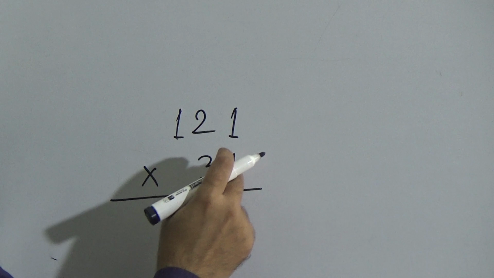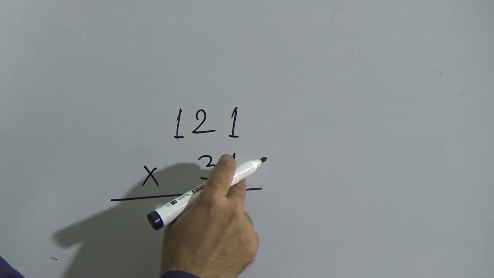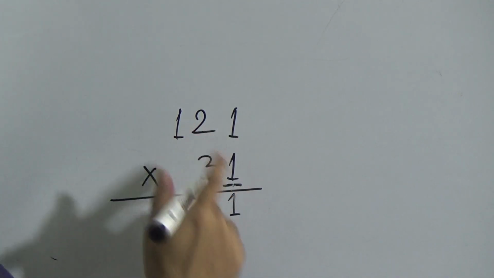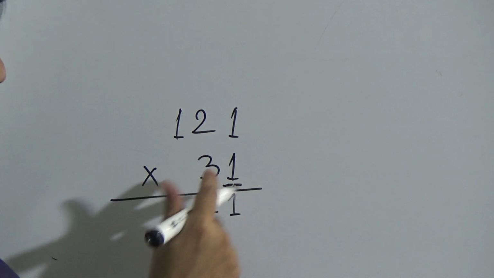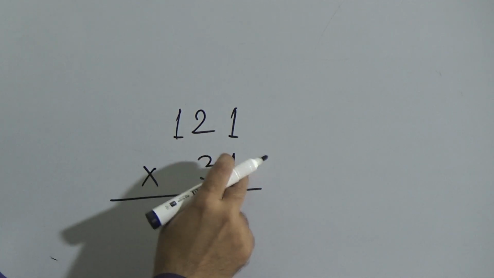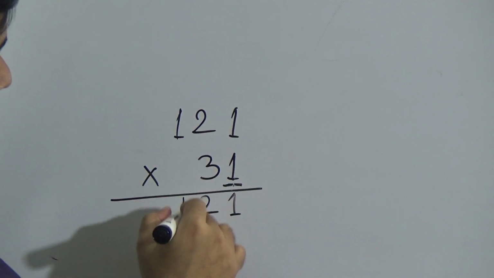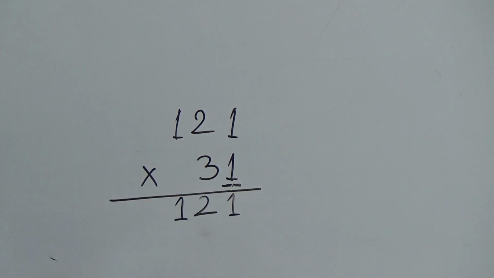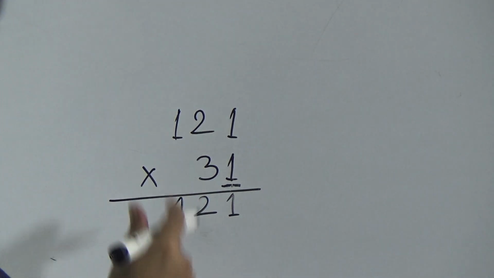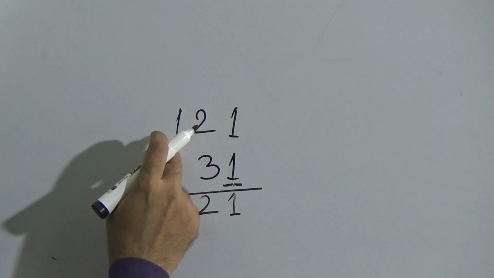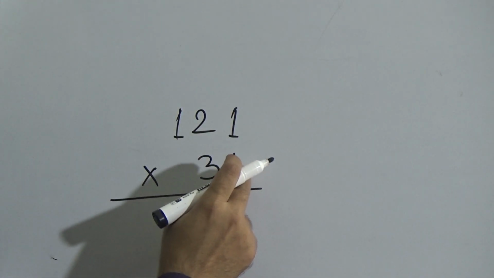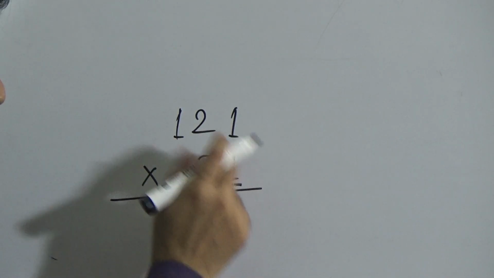Then you have to multiply this 2 by 1. 1 2s are 2. Then you have to multiply this 1 by 1. 1 ones are 1. Okay, dear students, I have multiplied this number by ones place. So, ones place is done.